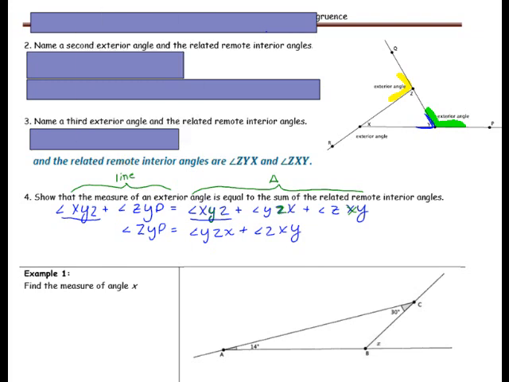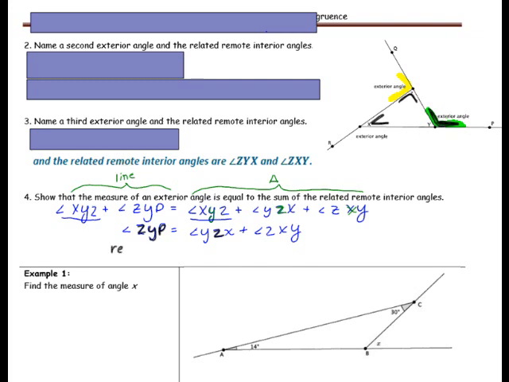So let's look at that. Angle ZYP is your remote exterior angle right here. On the right side of the equation, we have the two remote interiors. YZX is right here, and ZXY is right here. When you add the two remote interiors, it is equal to the related exterior.